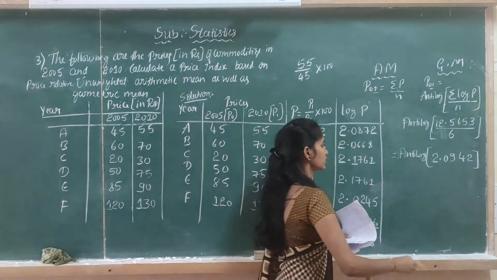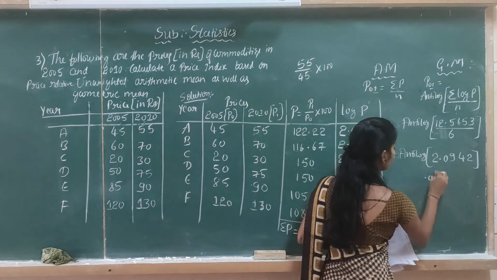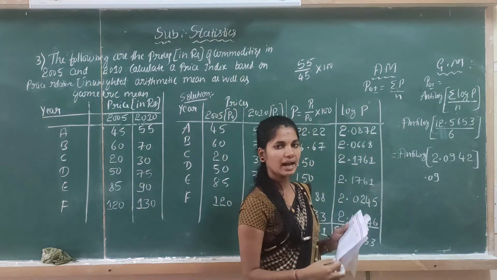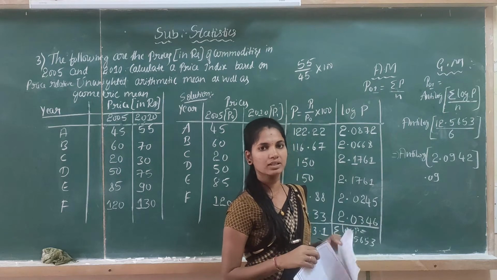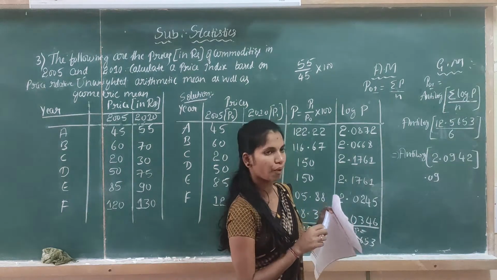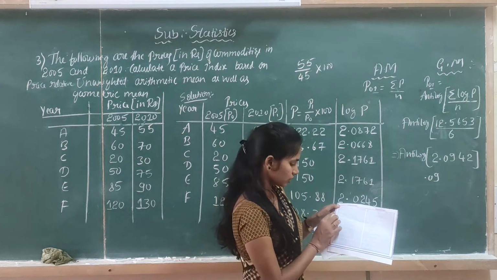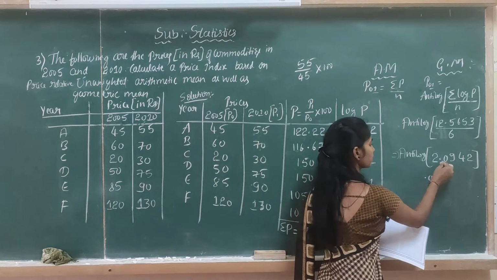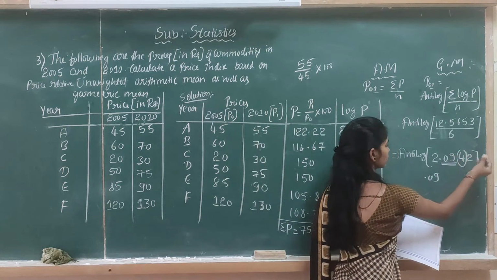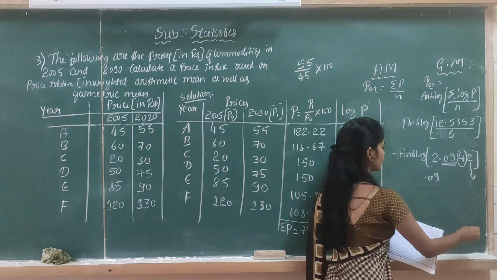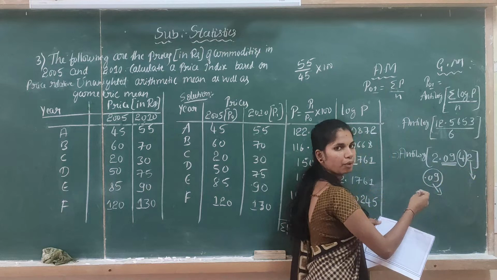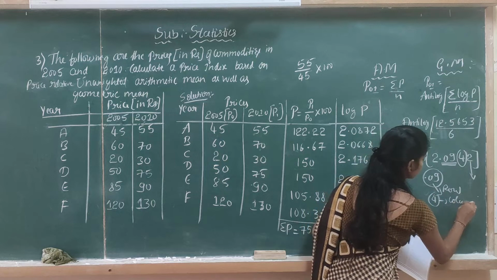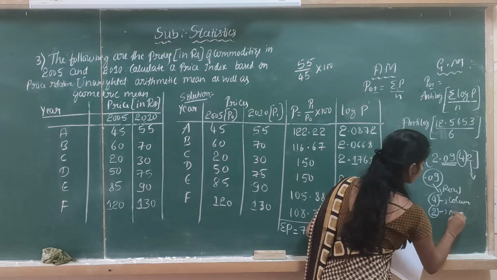In this step we take 0.09. Here there is a log table and an anti-log table. In the anti-log table, the values start from point something. You have to take the 0.09 row, fourth column and second mean difference.